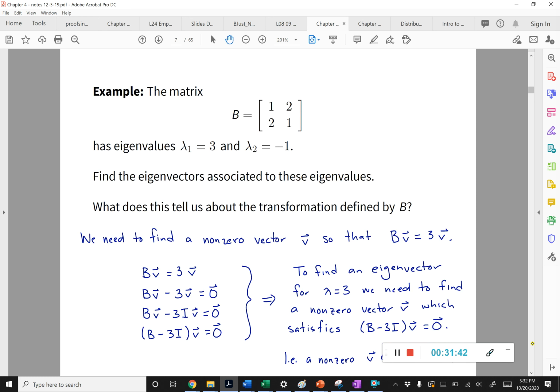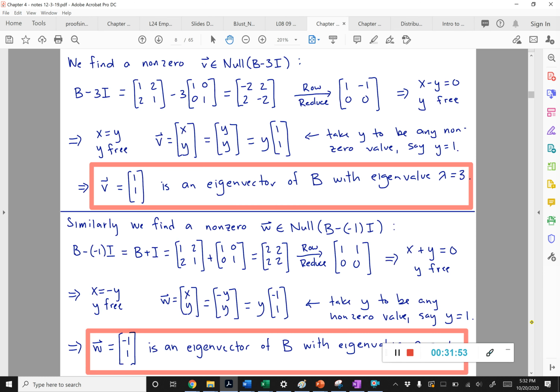So, find the eigenvector. Here's an example, like one we've already done. They give you a matrix and say here are the eigenvalues, find the eigenvectors associated with them. You set up the matrix like we did, where you take the matrix minus lambda times the identity, and you end up with a new matrix.